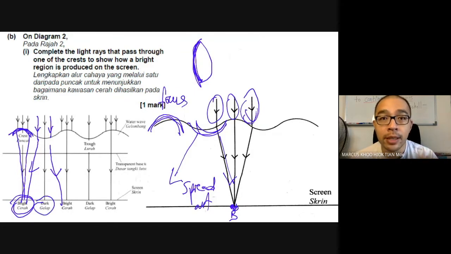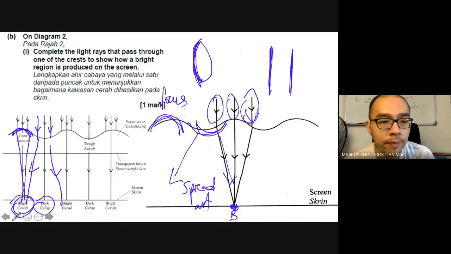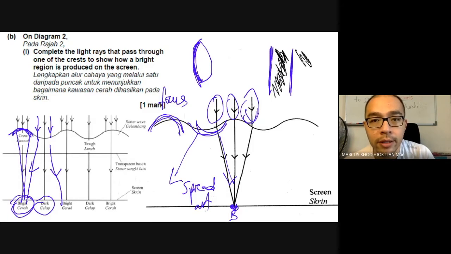If you remember in the ripple tank that we saw the other day, the bright spots are very thin, and all the dark spots are very wide apart.